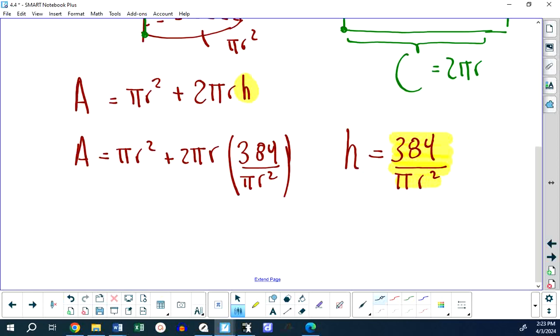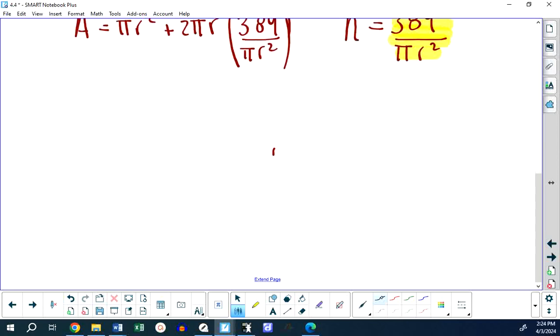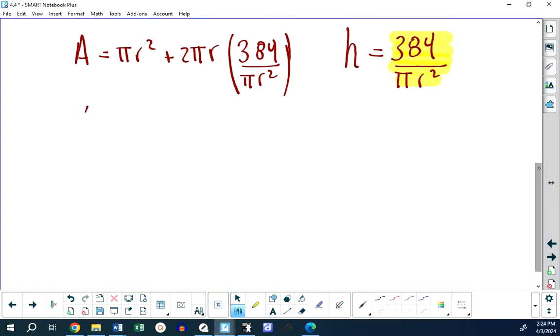You're waiting for me to find that, I take it. 2 times 384. We can simplify all of that. And what we end up with is that the area, which is representative of the cost of the can, is pi r squared plus 768 r to the negative 1.